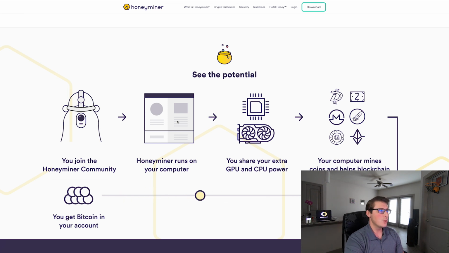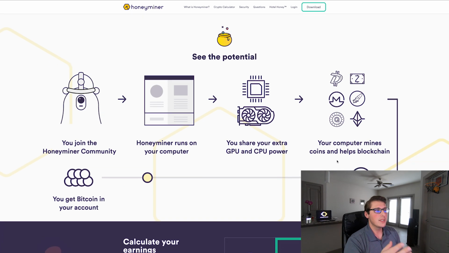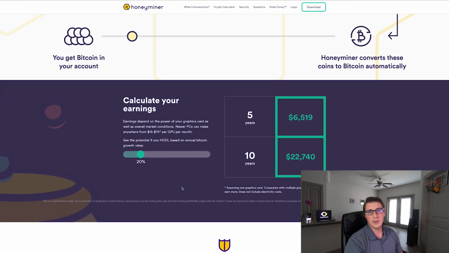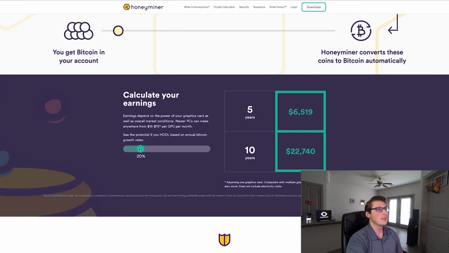So let's say you just held 20% of all that you mined, and you held that for 5 years. That would be a gross profit of 6,519. So that's your profit before all of your expenses like electricity cost.